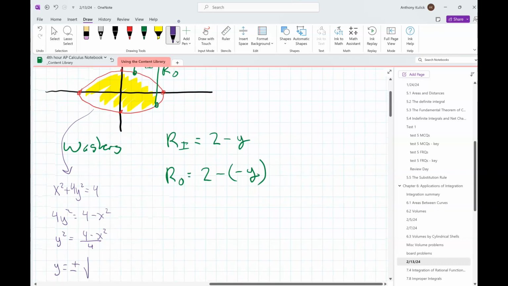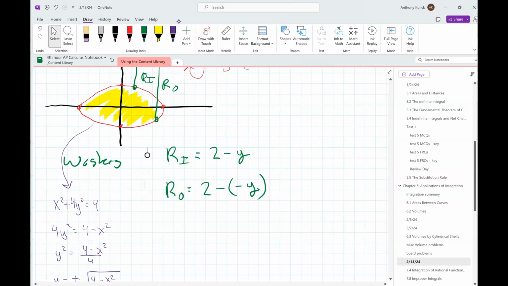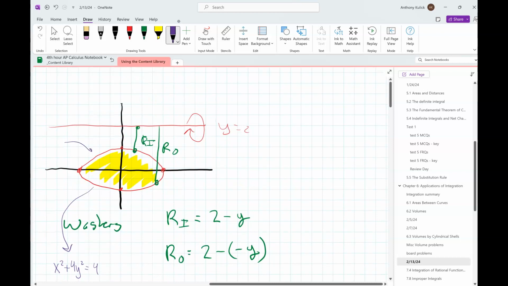When I square root both sides of the equation, I get the plus or minus. So what this is saying is that this top part is y equals the square root of (4 minus x squared) over 4, and the bottom part is y equals negative the square root of (4 minus x squared) over 4.